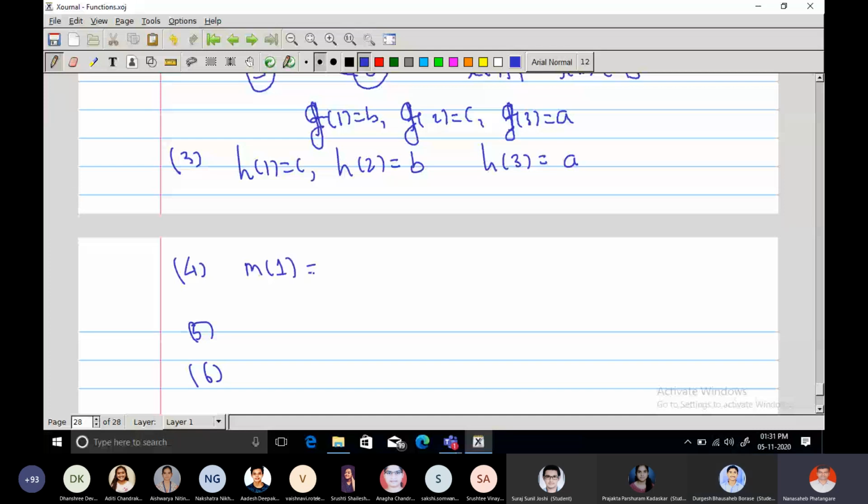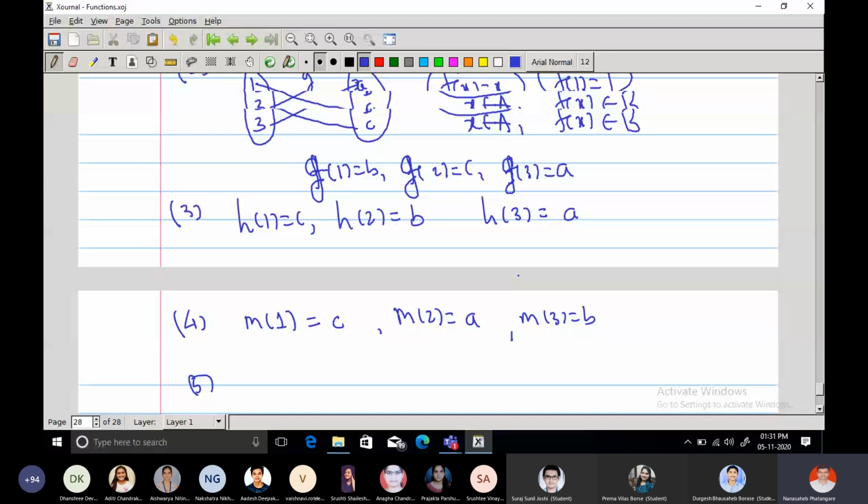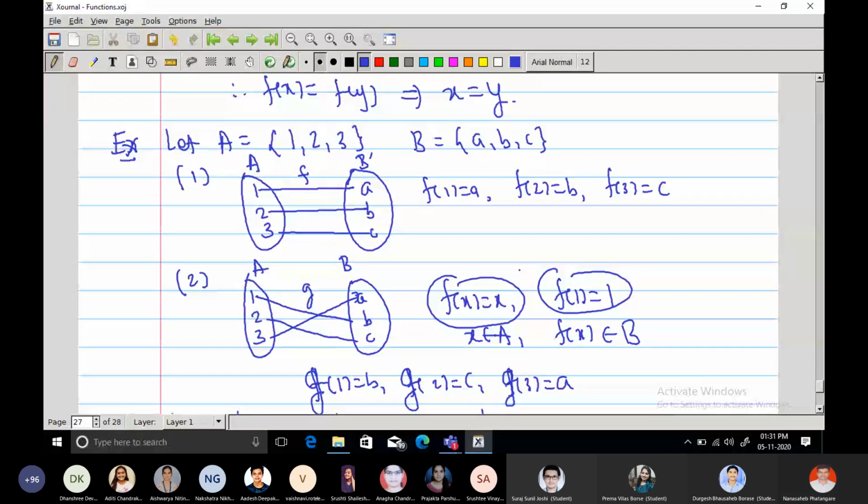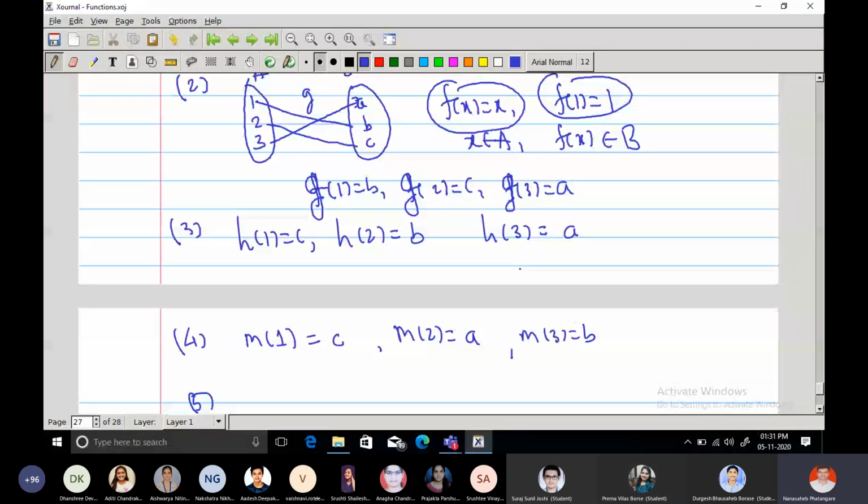M of 1 is equal to C, M of 2 is equal to A, M of 3 is equal to B. So 1 goes to C, 2 goes to A, and 3 goes to B, right?